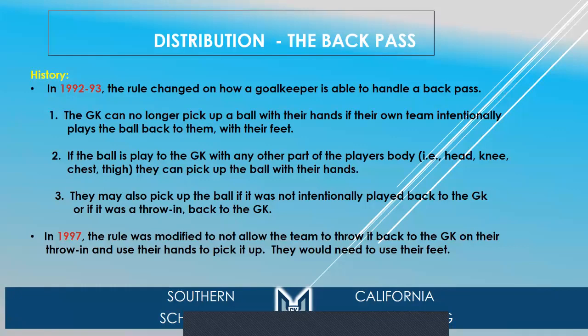Here we go, a little history. You don't have to read it, I'll tell it to you. If you want to read it, go for it. So the back pass: many of you weren't even born when the back pass rule changed, in the 1992, 93 area. Before that, you could pass the ball back to the goalkeeper, and the goalkeeper could pick it up.